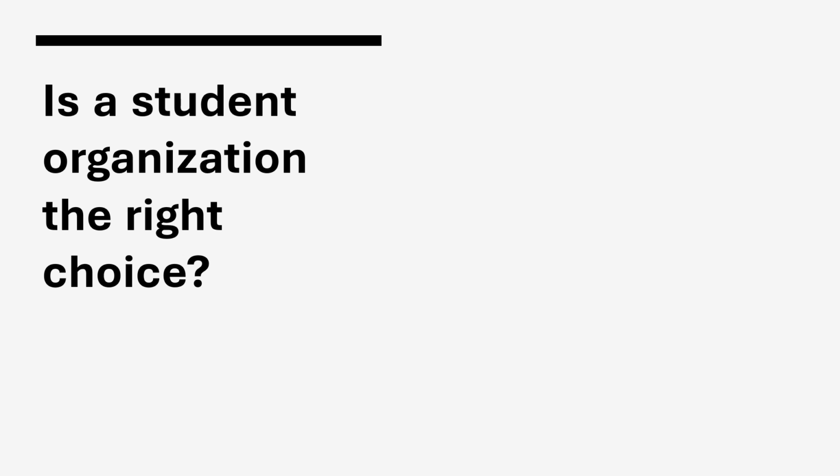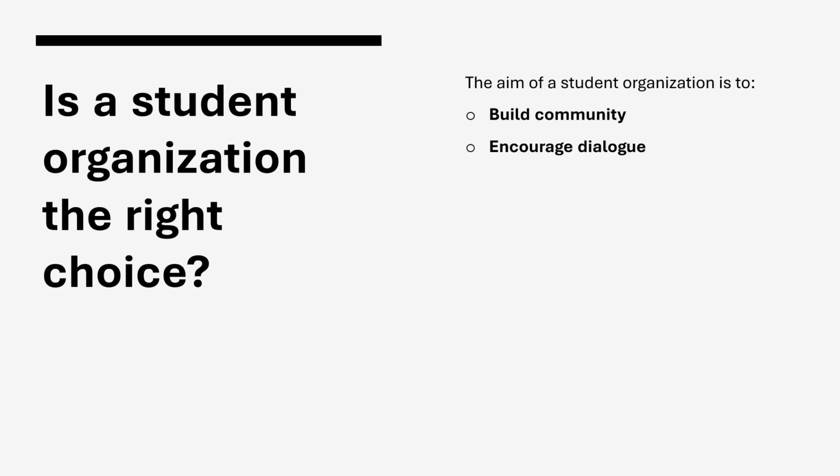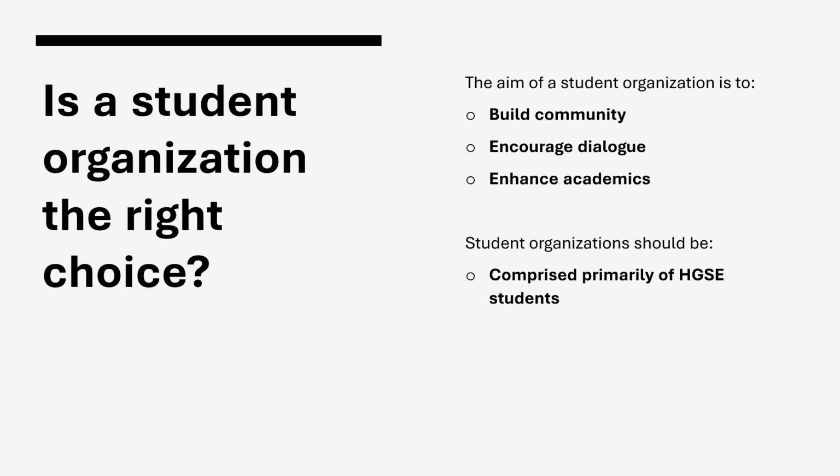The aim of a student organization is to connect HGSE students in a common purpose or interest, with the opportunity to build community, encourage dialogue, and enhance the academic experience at HGSE. Student organizations should be comprised primarily of HGSE students and led by currently enrolled HGSE students.